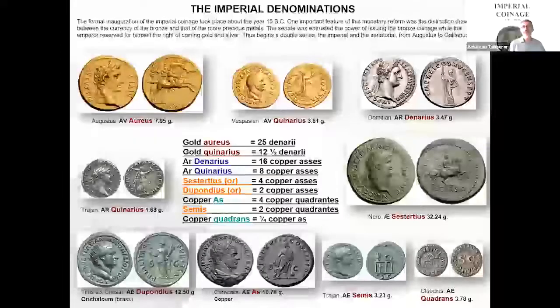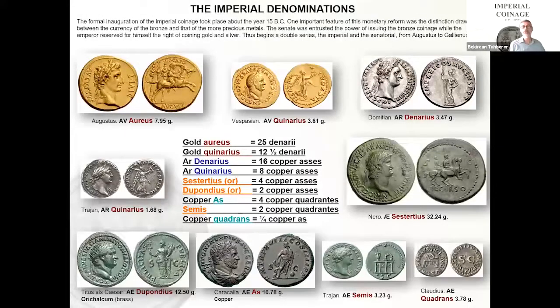Here is a picture of the imperial denominations that he established and that lasted for about 300 years. So a gold aureus equal to 25 denarii, and a gold quinarius, 12.5 denarii, and then denarius, quinarius, sestertius, dupondius, copper as, semis, and quadrans, and multiples of those denominations.